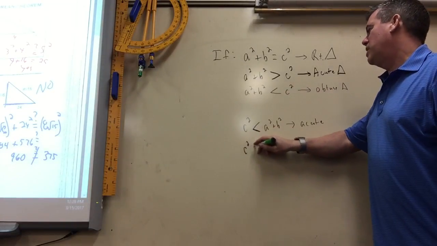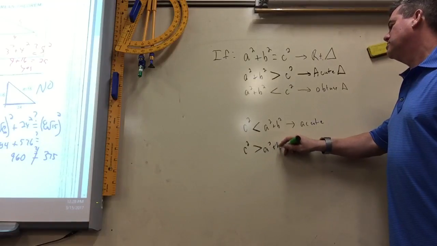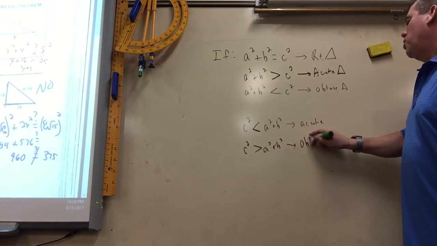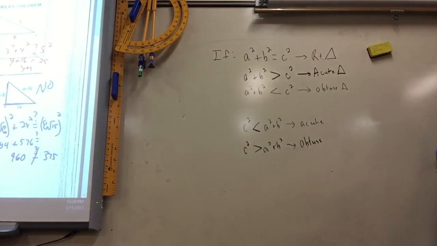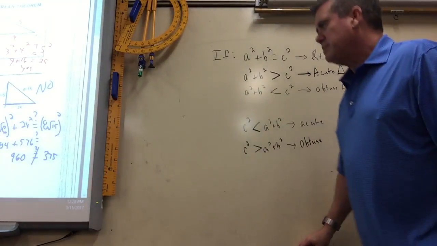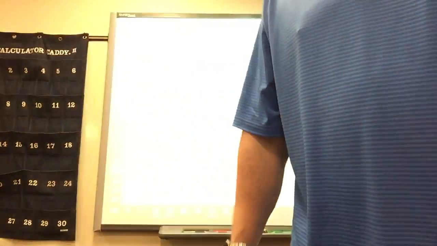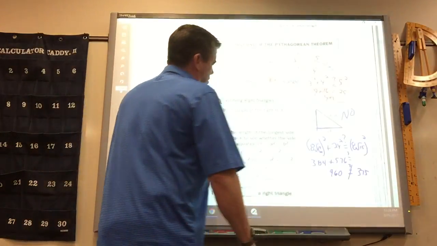So then if C squared is greater than, it's obtuse. Whichever way you can remember best is fine. So that's what we're doing today.